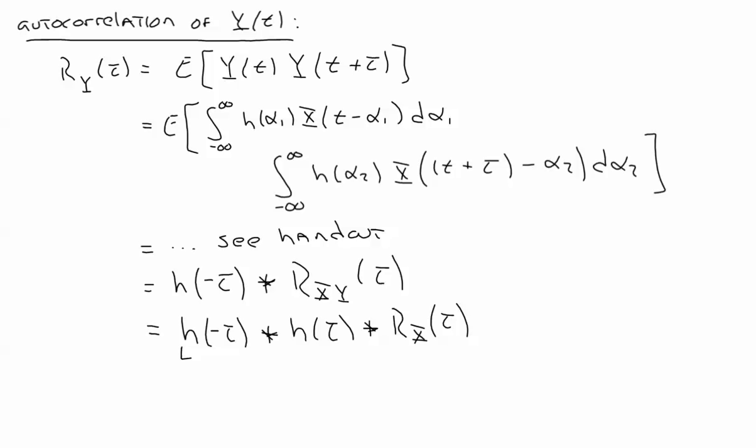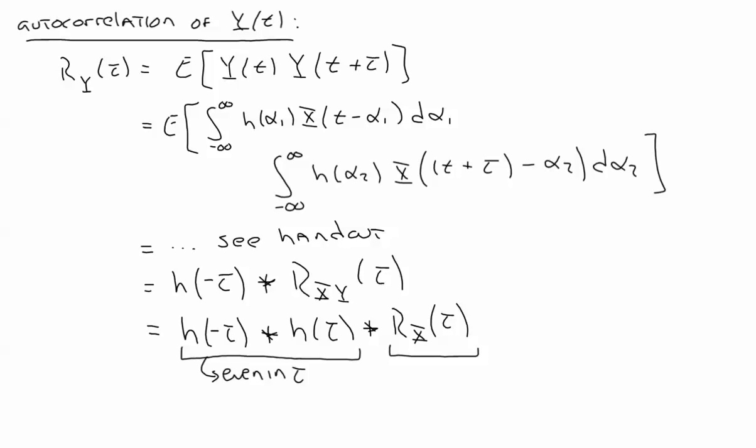However, if I convolve the impulse response with a mirror image of itself, I get a result that is even in tau. Okay? If I take an impulse response and convolve it with a mirror image of itself, I get something that's even.